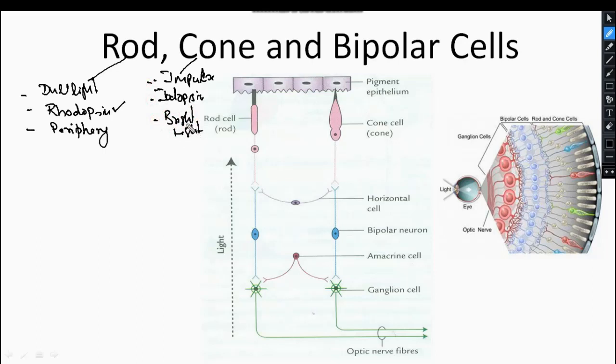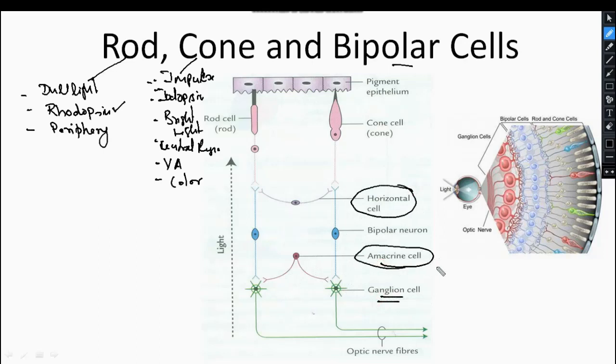Remember, they are present in the central region. That's why they are for visual acuity and meant for color detection. The bipolar cells in the middle layer get connected by the horizontal cells, and finally end in the ganglion cells, connected by the amacrine cells.